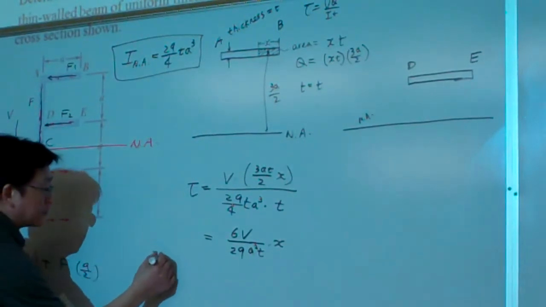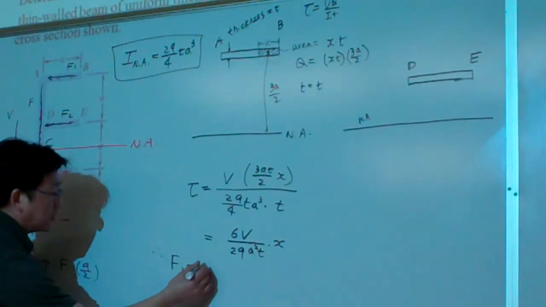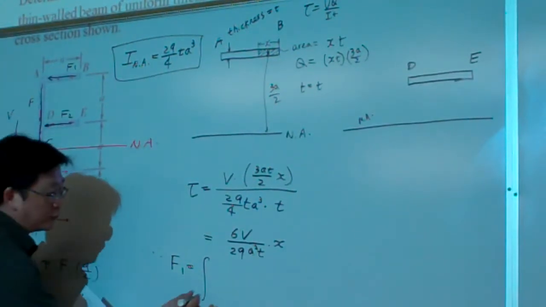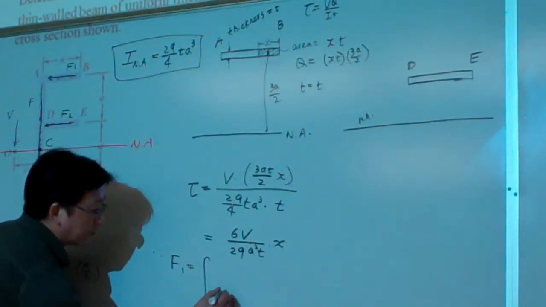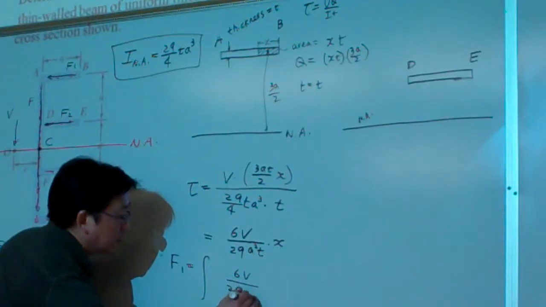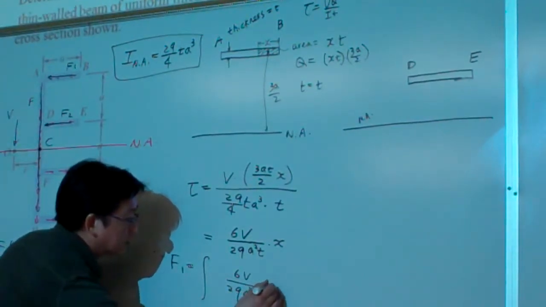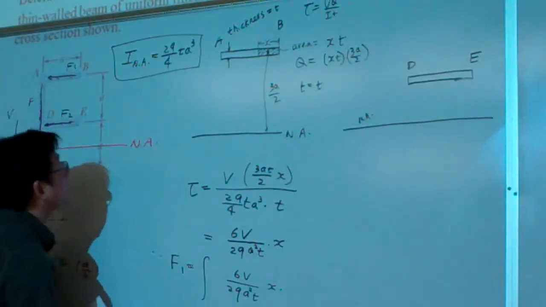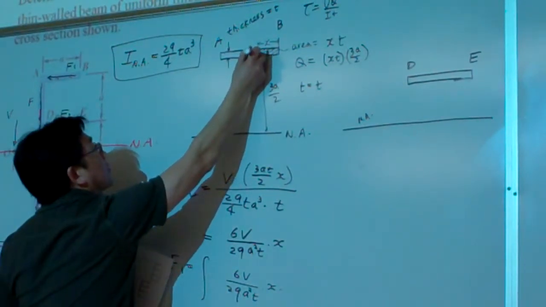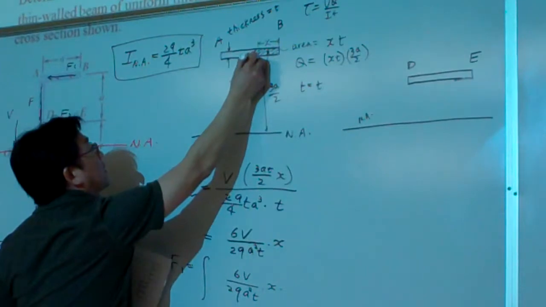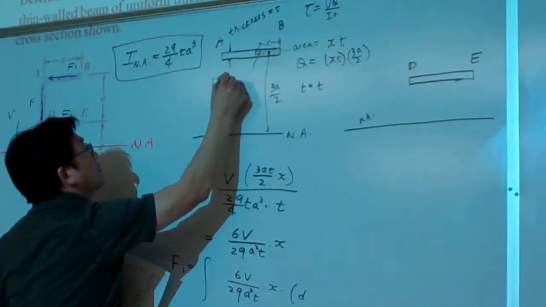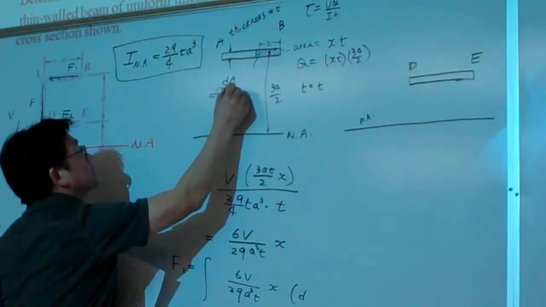So F1 is the integration of the shear stress on the top portion. That is tau, 6V over 29 a squared t times x, and dA. What is dA? dA is this one, basically dx times t, so dA equals t times dx.